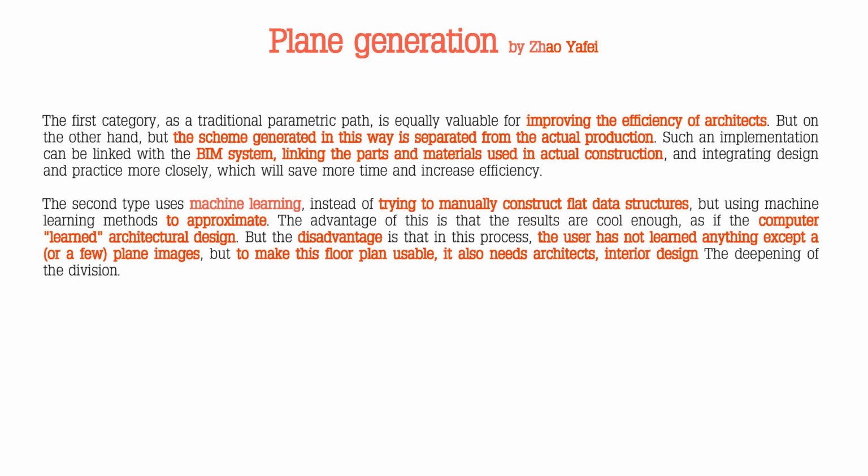Again, we want to point out the two processes that were quoted in the previous slide. The first category, parametric design, is to improve the efficiency of the architect. The output and the process that we have seen before, this kind of automatic process to generate a plan and a 3D model of the building, is still parametric and based on numbers, parameters, structures, logic.